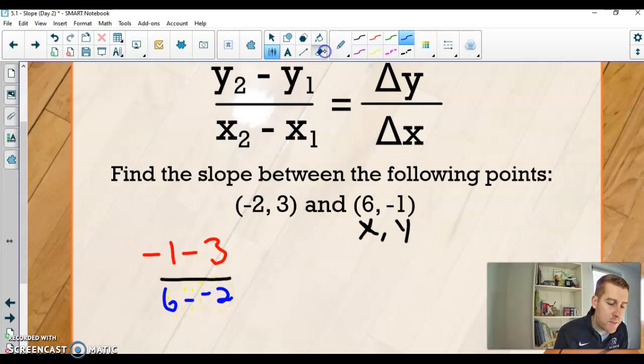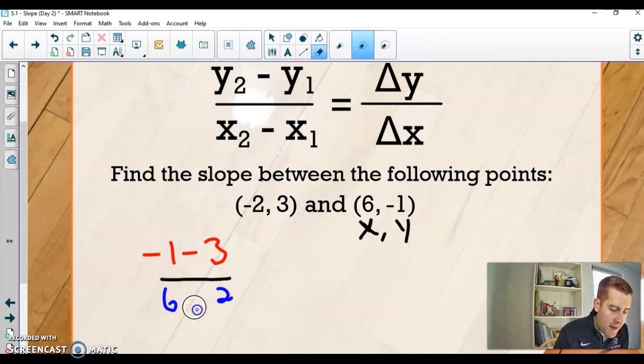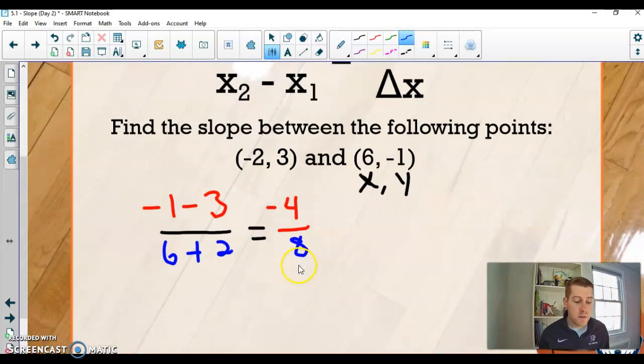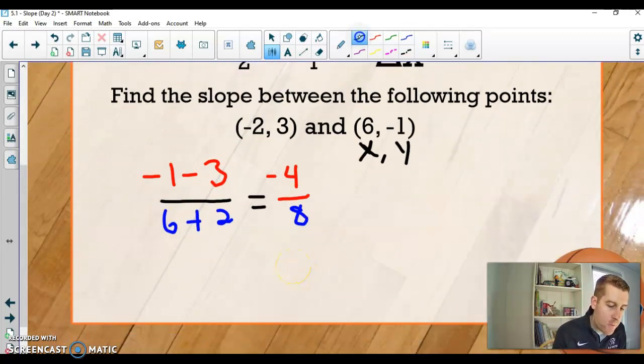So a lot of times when we do these examples, you'll see us automatically change that into a plus sign. Now let's simplify. Up top, -1 minus 3 is -4. On the bottom, 6 plus 2 is 8. And with slope, we always want to simplify that. So -4 over 8 would simplify to -1/2.